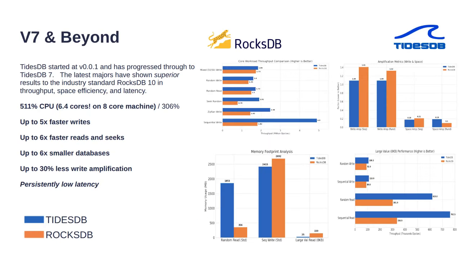As of late, TidesDB 7 has shown superior results utilizing many cores compared to the industry standard RocksDB, where RocksDB uses 306%, TidesDB pulls ahead utilizing 511% CPU utilization. You can get up to 5x faster writes, up to 6x faster reads and seeks, and up to 6x smaller databases, up to 30% less write amplification, and persistently low latency.